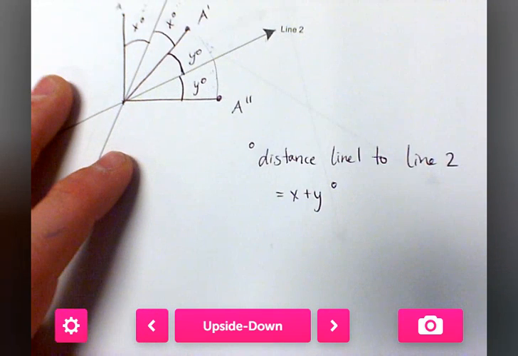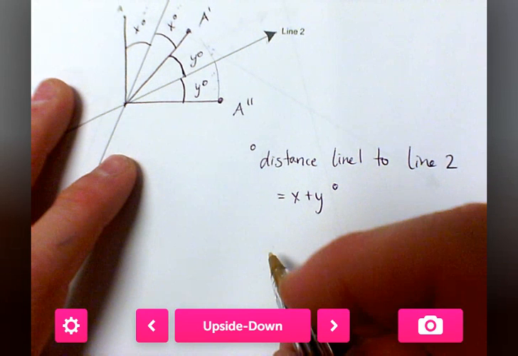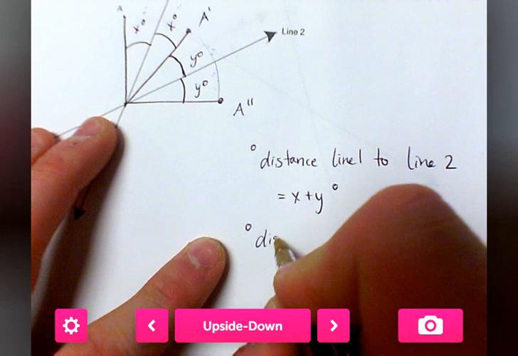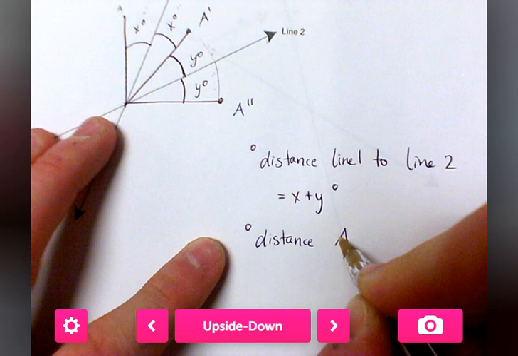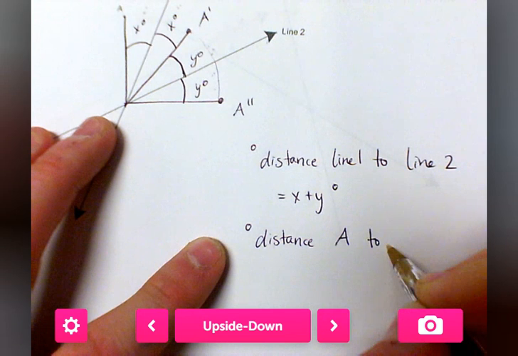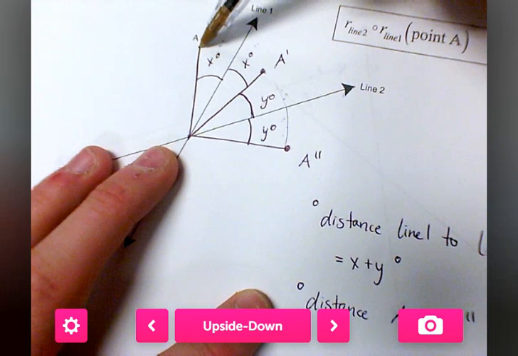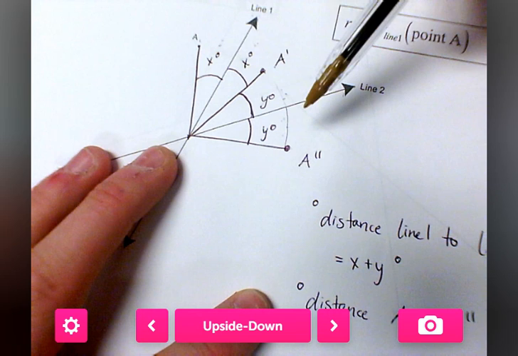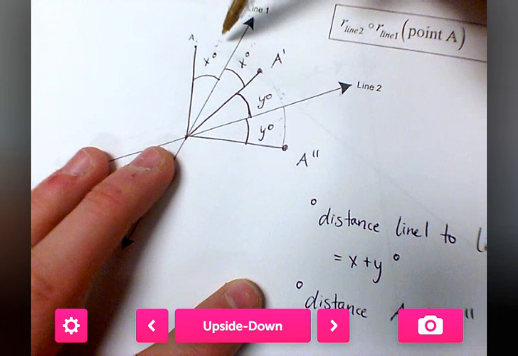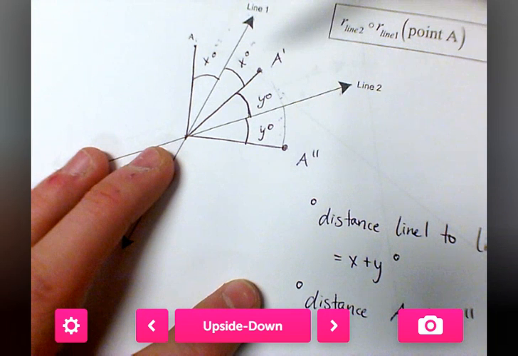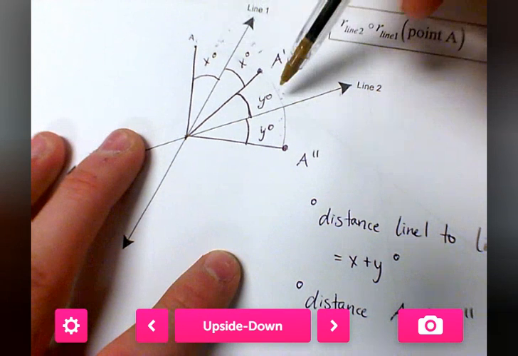Then we've got to go degree distance of A to A double prime. So A is all the way up here, and A double prime is all the way down here. So how many degrees? 2x plus 2y.